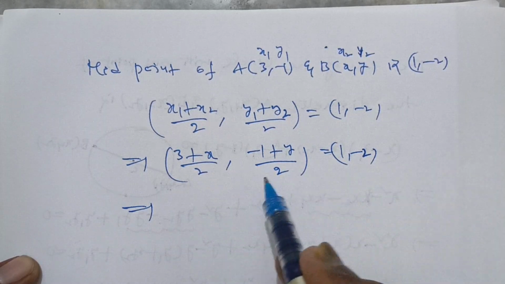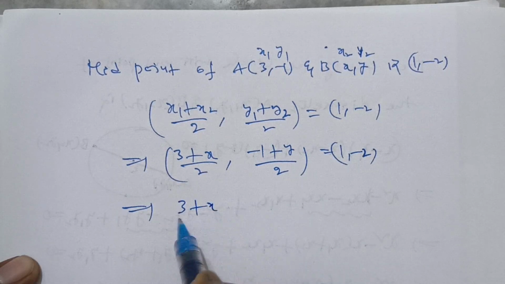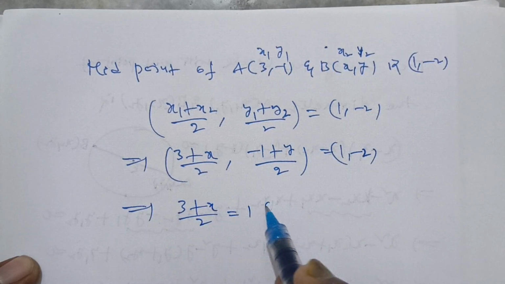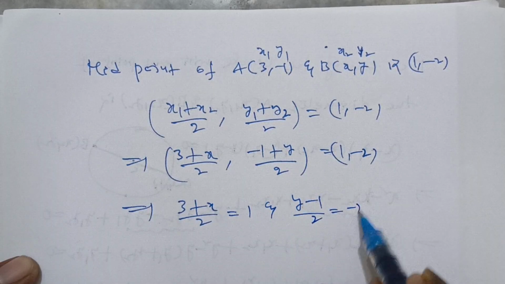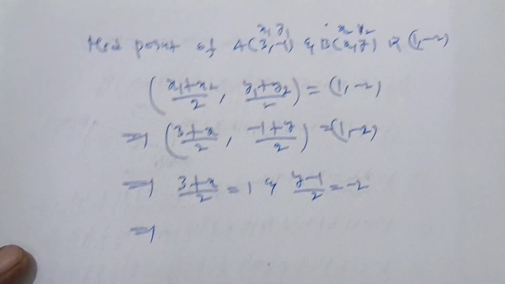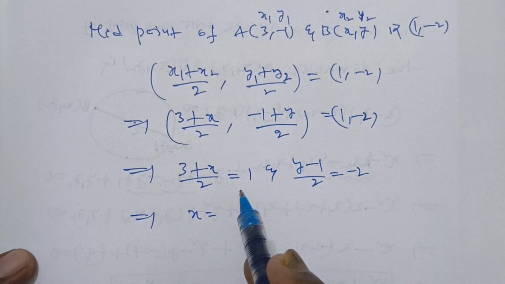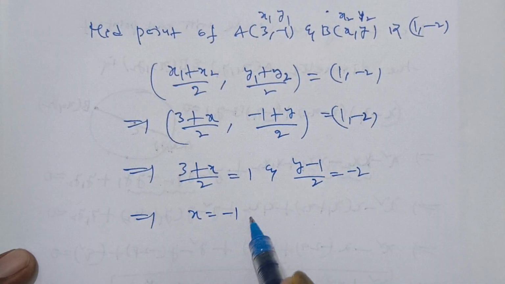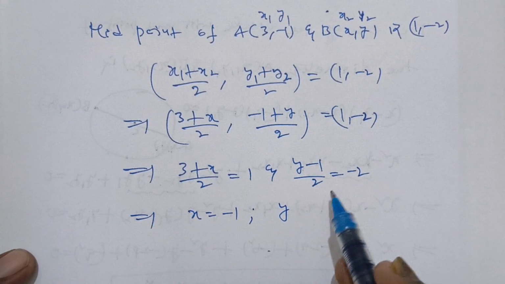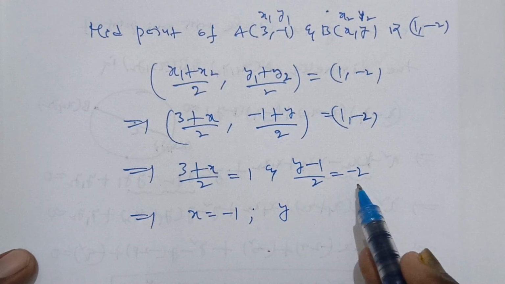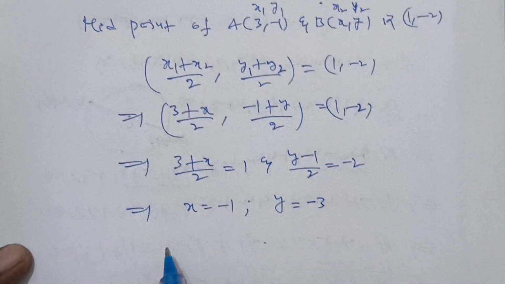So equating these coordinates, (3 plus x) by 2 equals 1 and (y minus 1) by 2 equals minus 2. From this, x value is 2 minus 3, which is minus 1, and y value is minus 4 plus 1, that is minus 3.